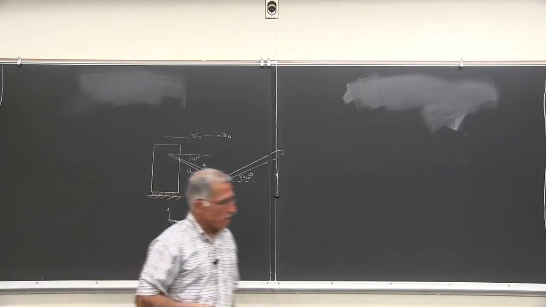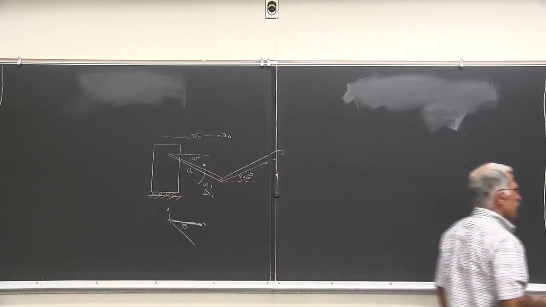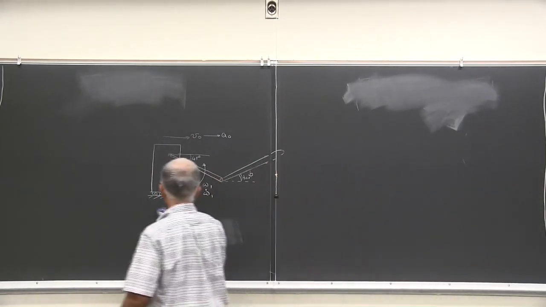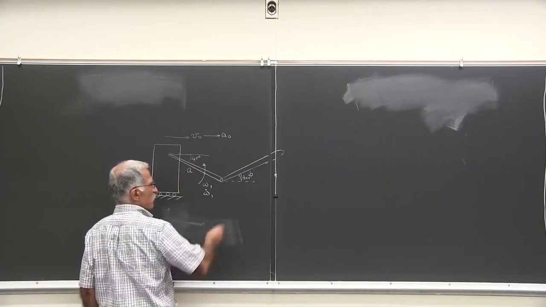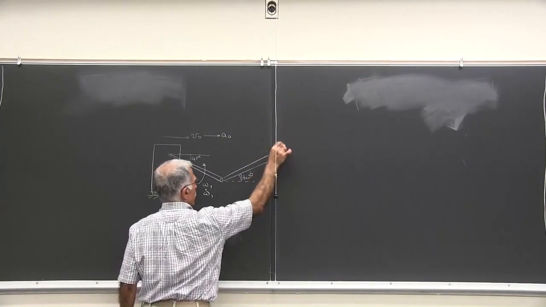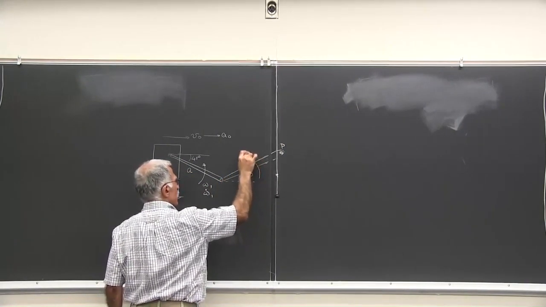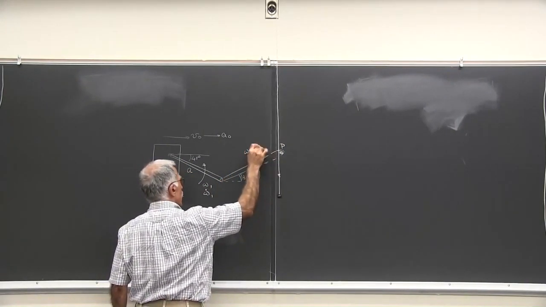Now you can also say that this arm is also rotating with respect to the ground, and this is a point P, for example, and this arm is also going in this direction, omega 2 and omega dot 2.